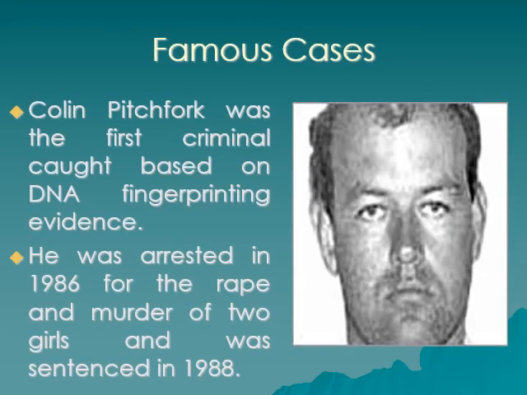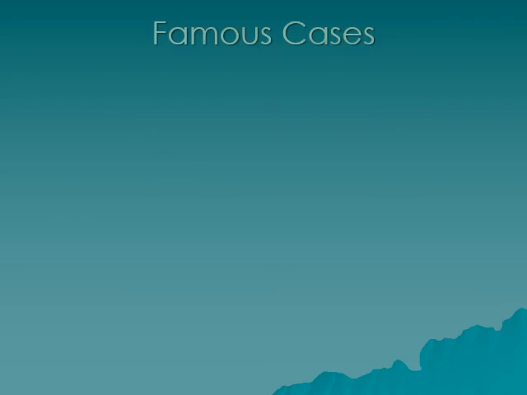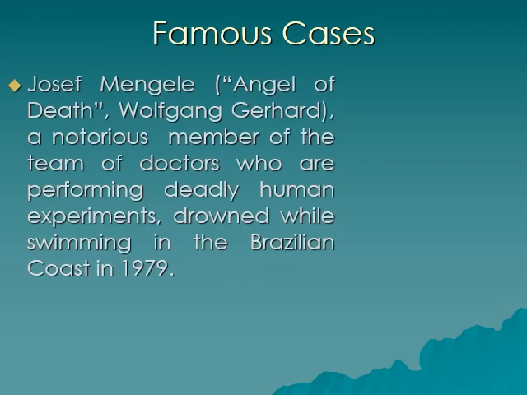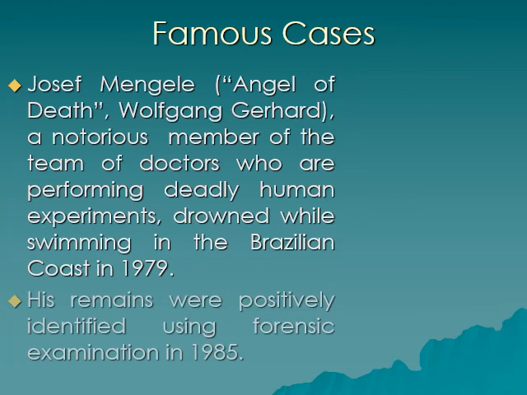So, another famous case is Colin Pitchfork, the first criminal caught based on DNA fingerprinting evidence. He was arrested in 1986 for the rape and murder of two girls and was sentenced in 1988. So, we also have Josef Mengele, known as the Angel of Death, a notorious member of the team of doctors who performed deadly human experiments.